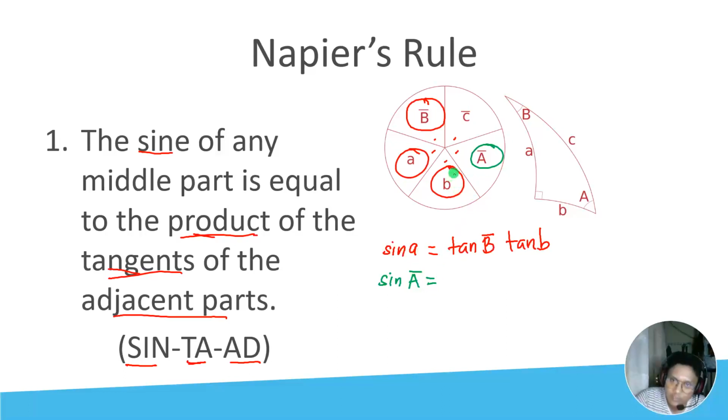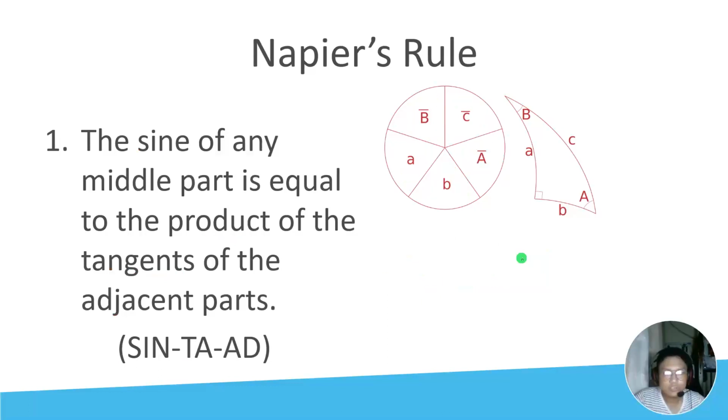So this is adjacent, therefore tangent of bar C times tangent of B. So we can use any middle part here depending on the given values for the sides and angles that is more convenient for us to use. So it is up to us what middle part we will choose.